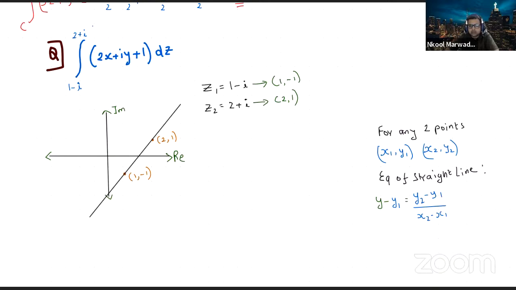This is the equation of a straight line when we know the 2 points.